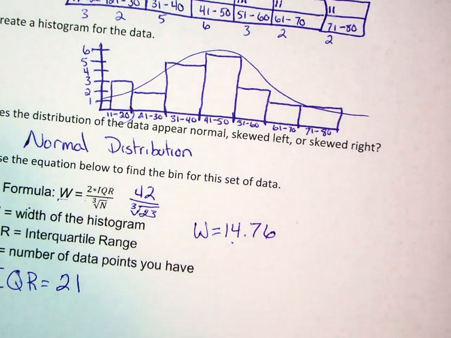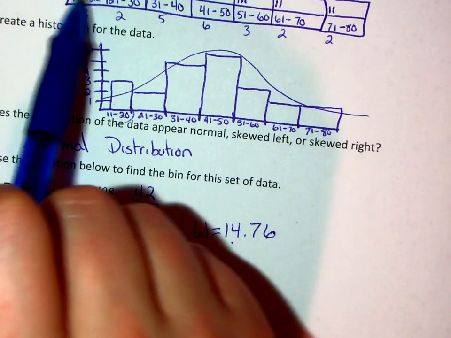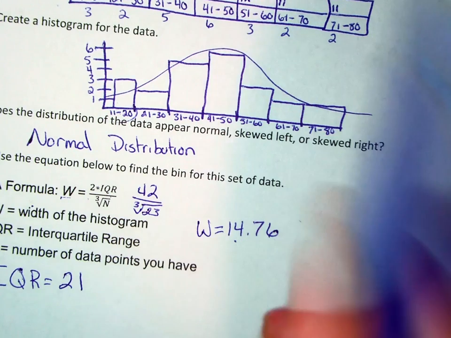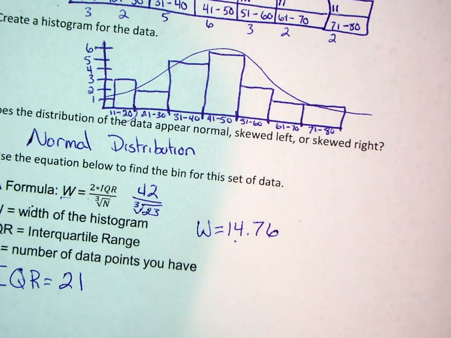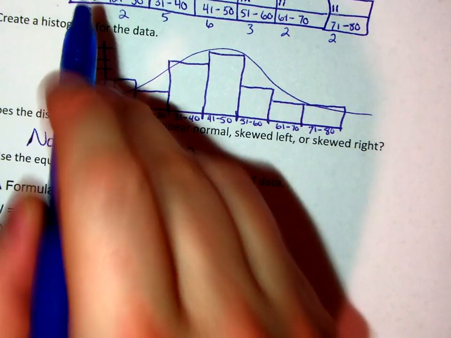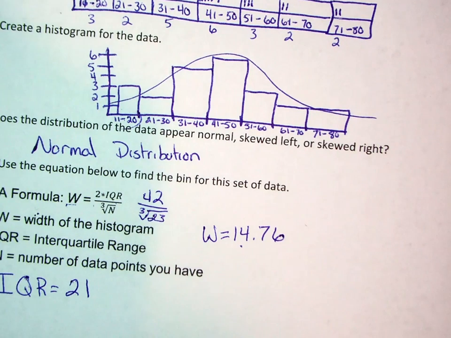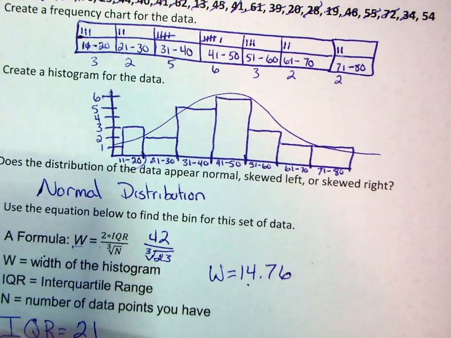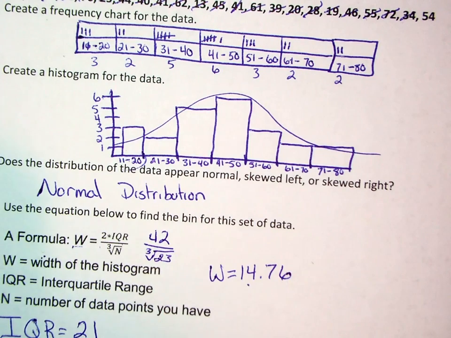Each bin should have been approximately 15, or 14.76 if I wanted to be more exact. Each span should have been approximately 15, and that would have left me with closer to 5 different bins in which my data would have accumulated within the frequency chart, and then my histogram would have had 5 bars.